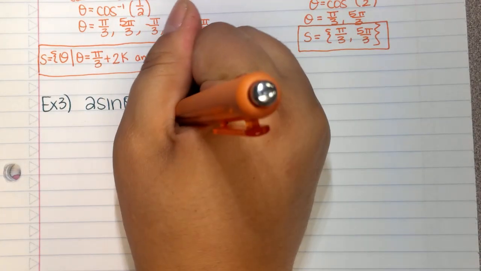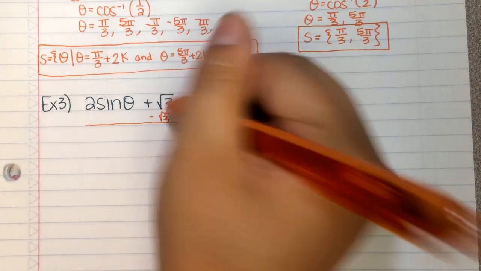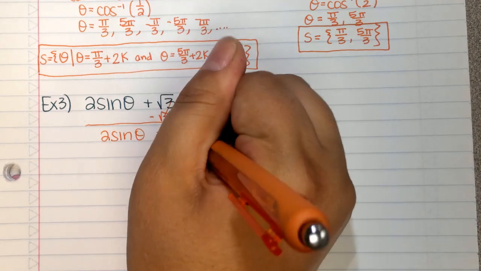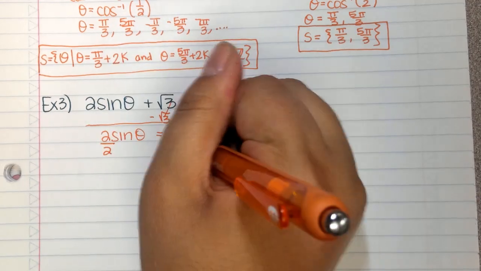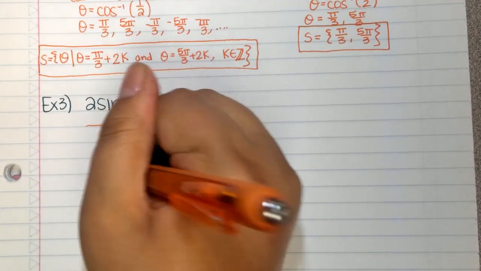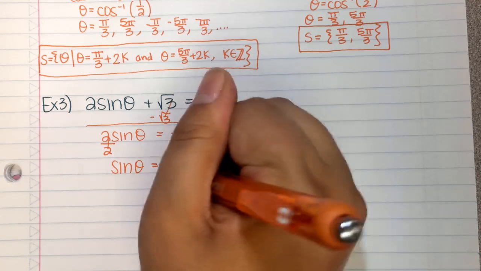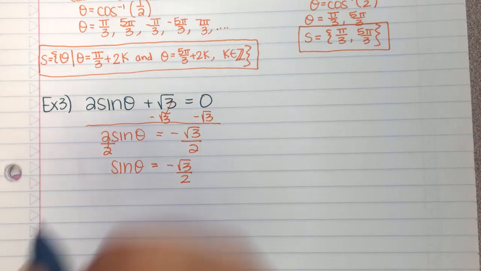Move square root of 3. And then divide by 2. And then, say it again. Inverse sine.